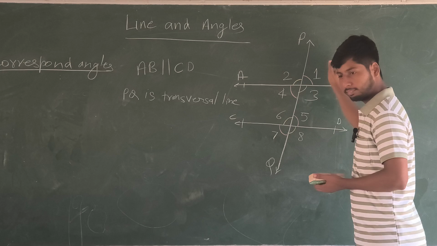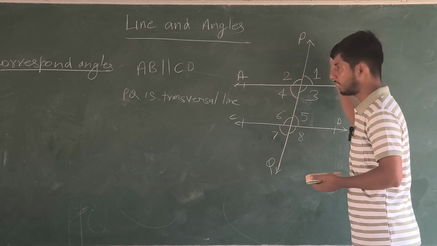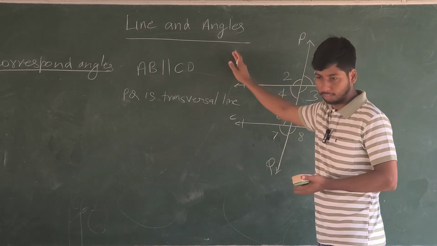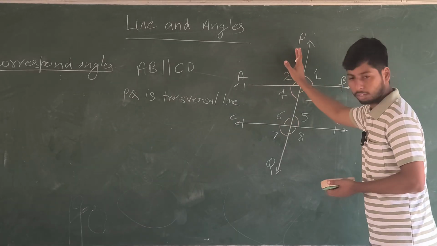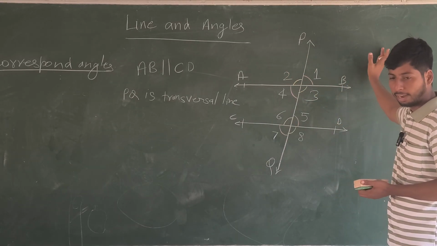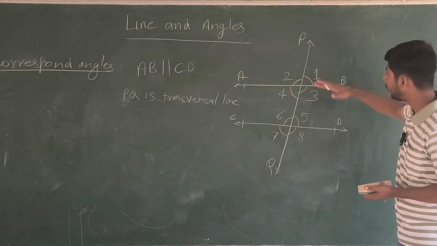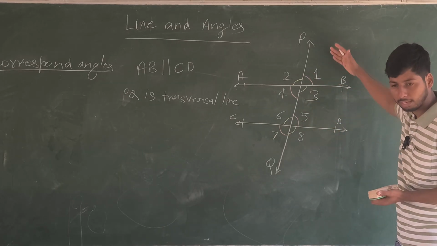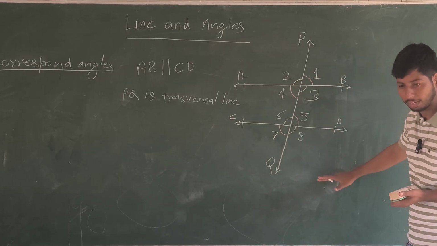From any one side of the transverse line, either this side or this side, and any one side of the parallel lines, either above the parallel lines or below the parallel lines.